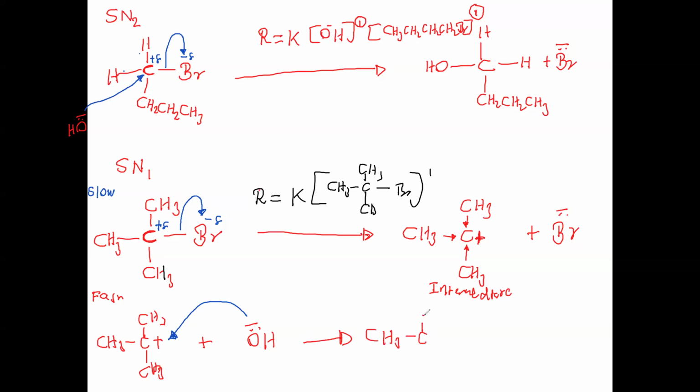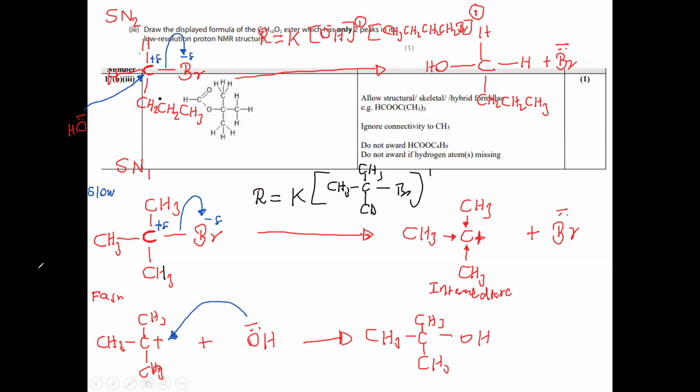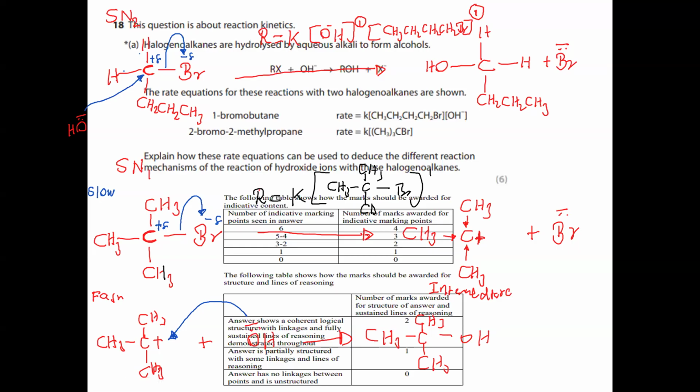So those are the things we have to discuss. Now we'll go back to the question. When you see the question, we will see what are the things we have to write. So that's the theory part behind this mechanism. The question is about reaction kinetics. Halogenoalkanes are hydrolyzed by aqueous alkali to form alcohols. The rate equations for this reaction with two halogenoalkanes are shown.